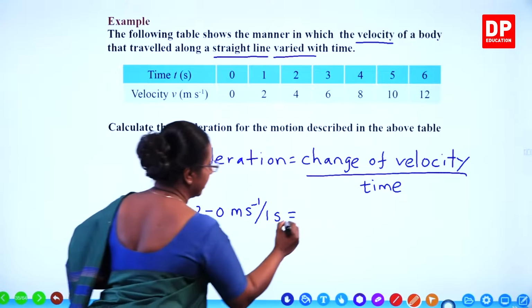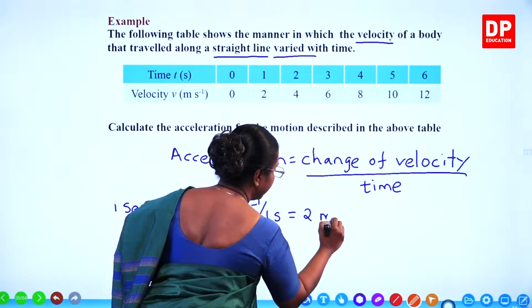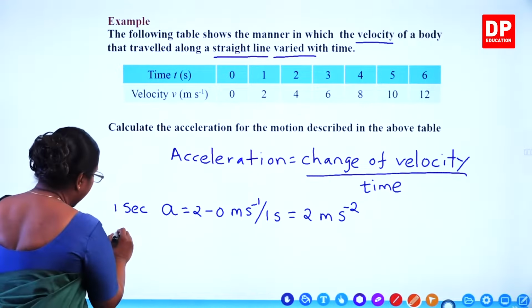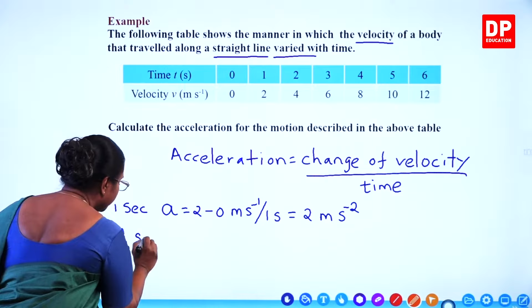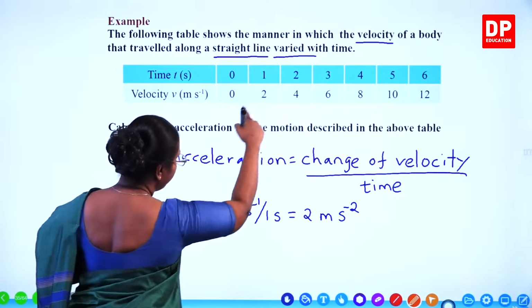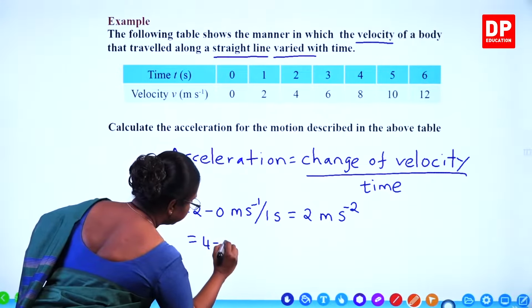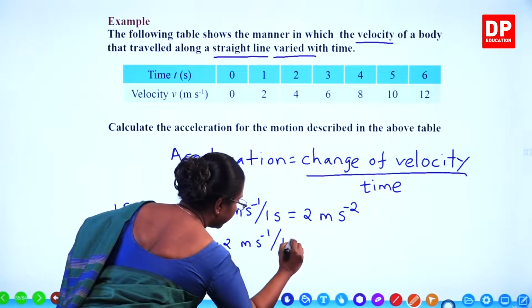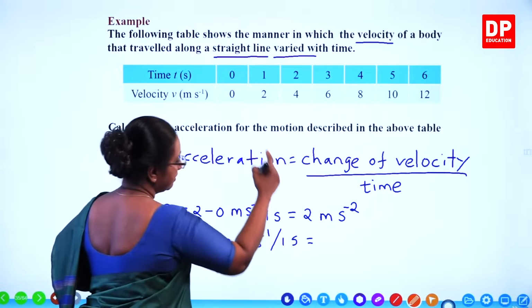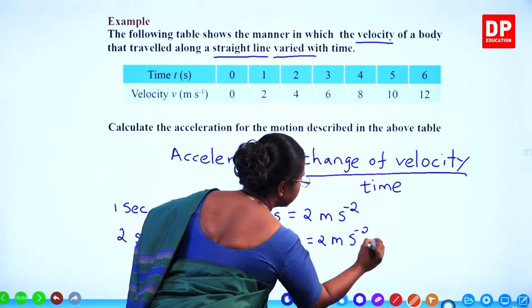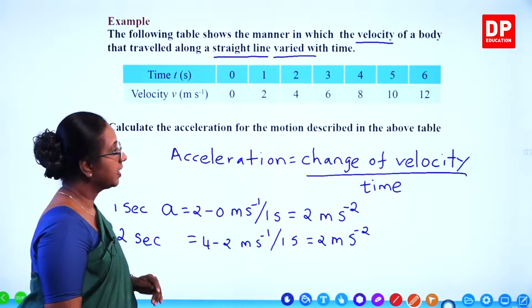So that will be equal to 2 meters per second square. At the end of 2 seconds, acceleration will be 4 minus 2 meters per second divided by 1 second again. That is also going to be 2 meters per second square.